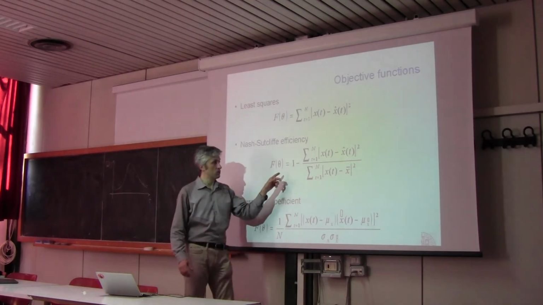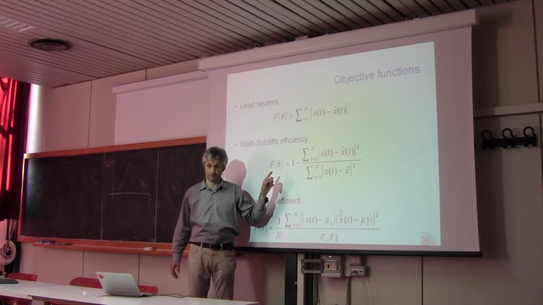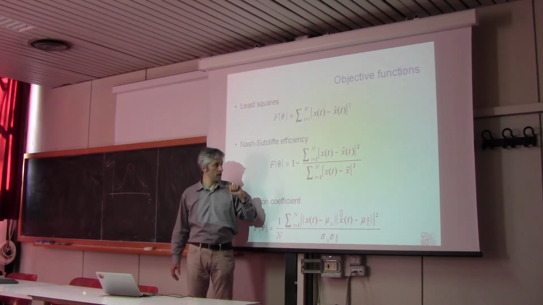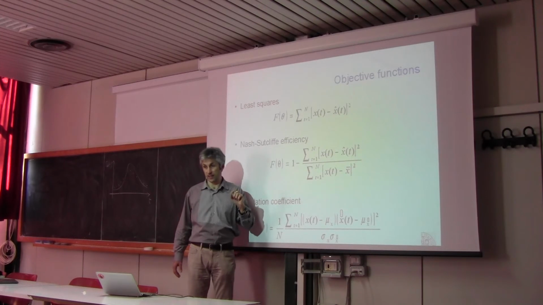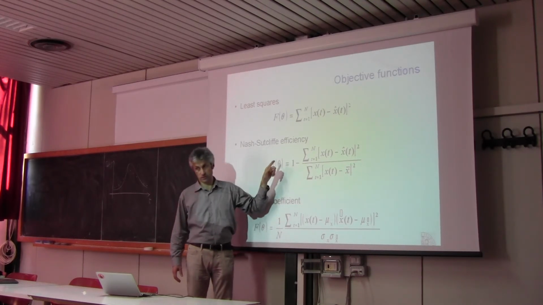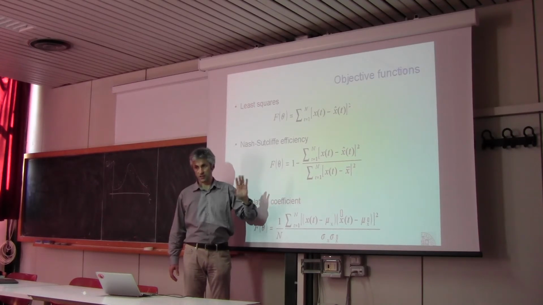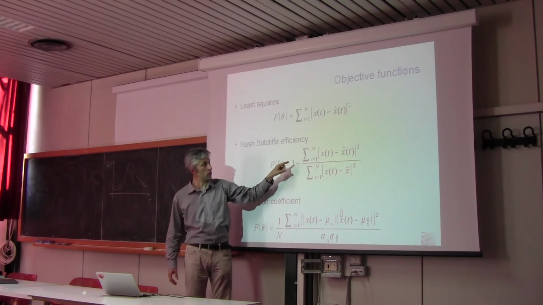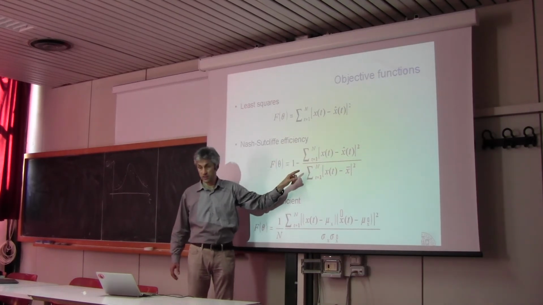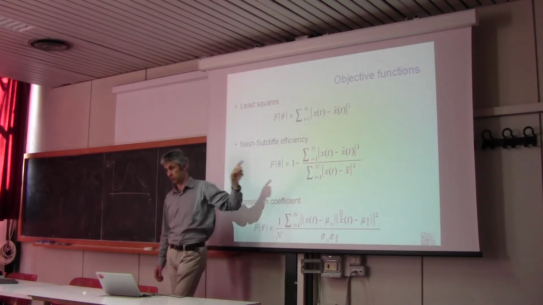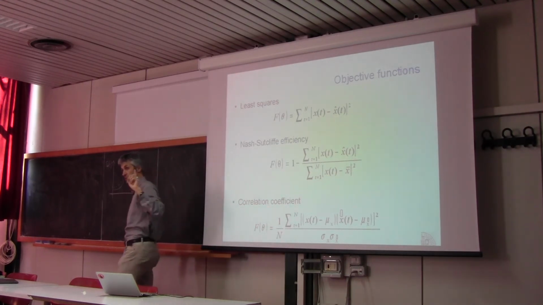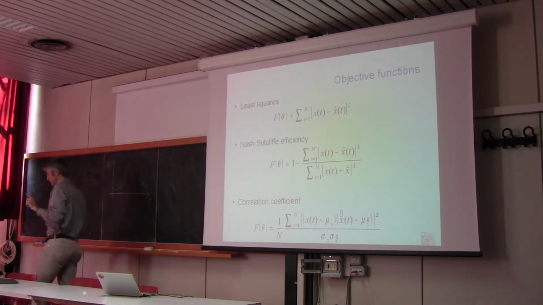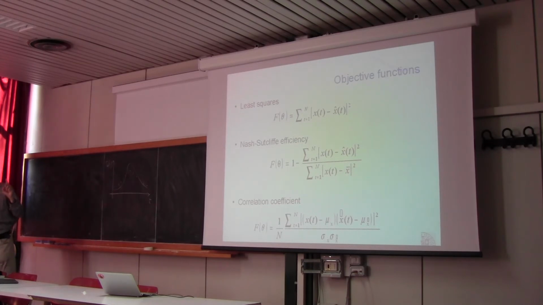And here you have a number 1. Now, you see that this function, the Nash-Sutcliffe efficiency, is equivalent to least squares, because the only quantity that varies is the sum of squares. So they are similar. They lead to the same solution.